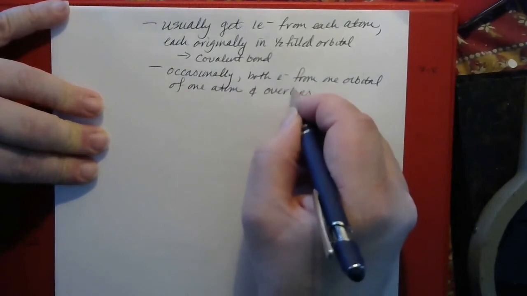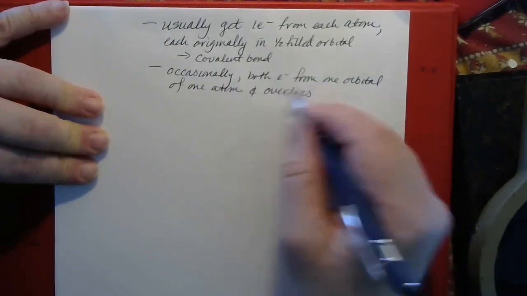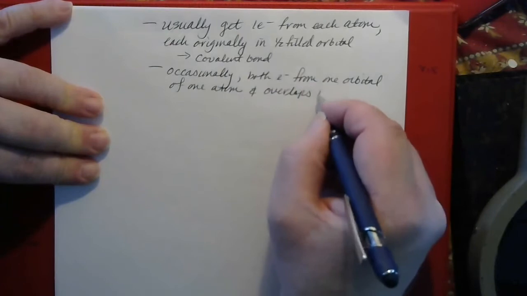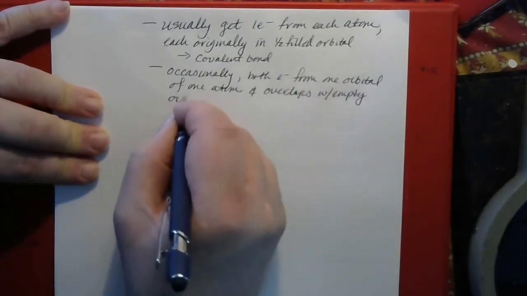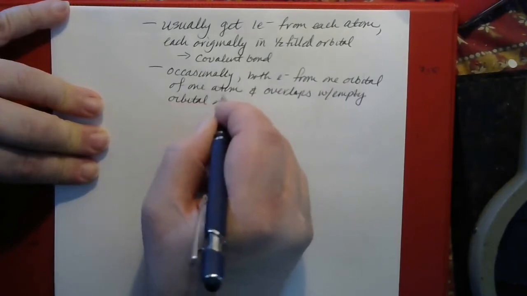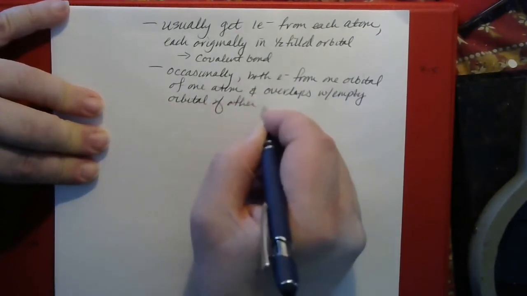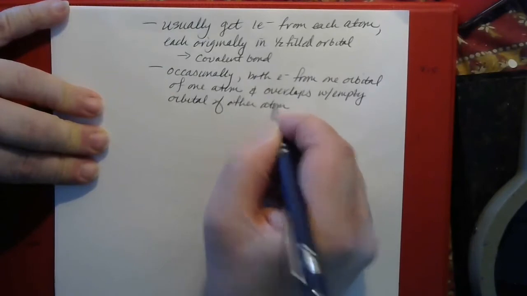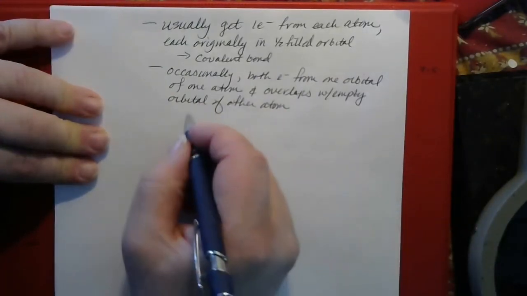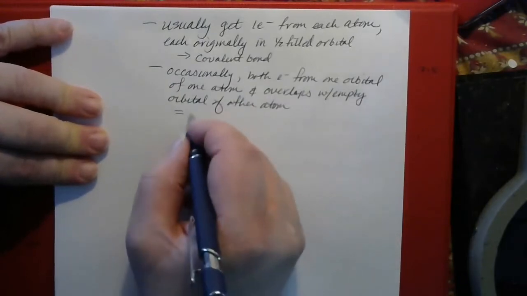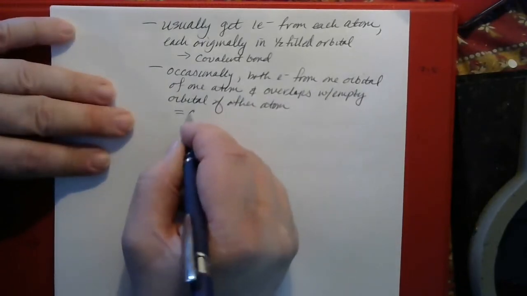So the orbital that's involved in the bond on the other atom would originally have been empty. So the empty orbital of the other atom, and that is what's known as a coordinate covalent bond.